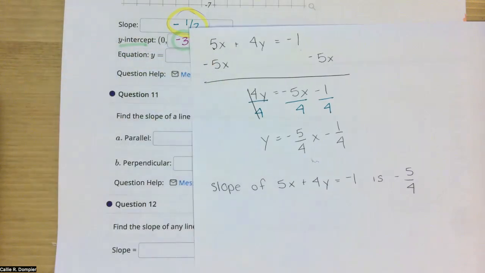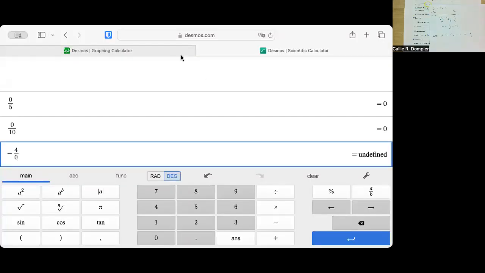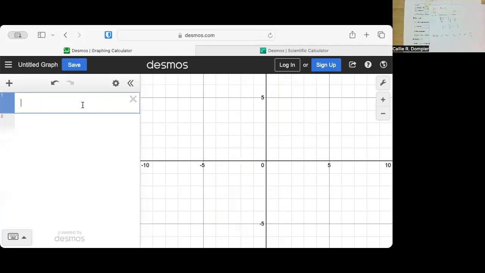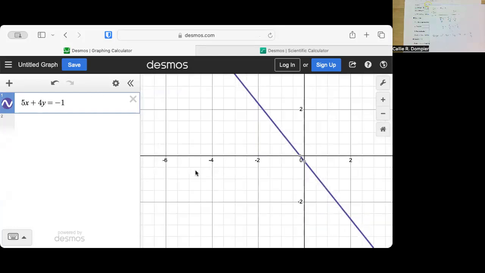Is it negative 5/4? I'm going to graph it and look at what it looks like on the graph. 5x plus 4y equals -1. Good. Is that a slope of -5/4?